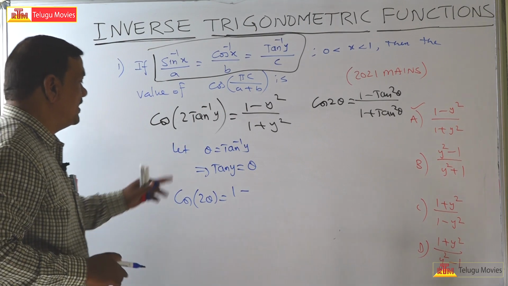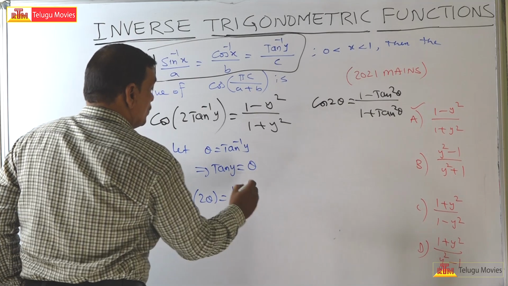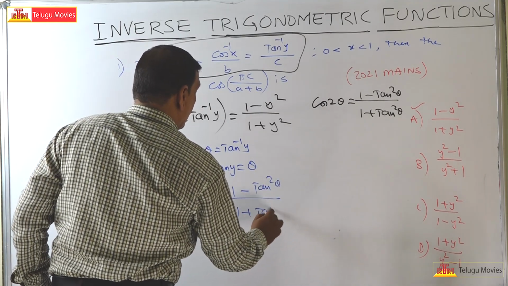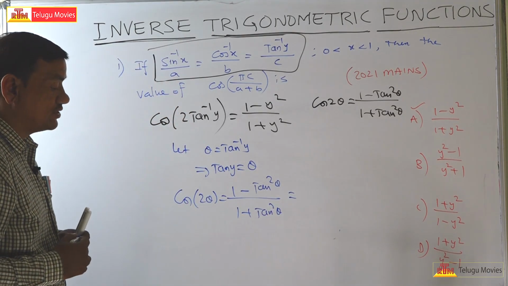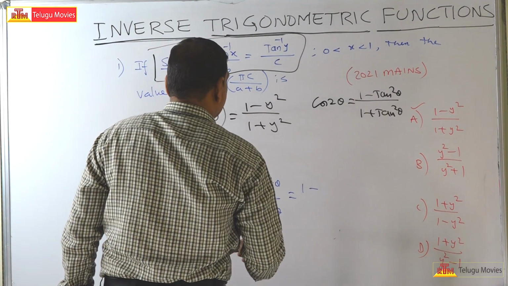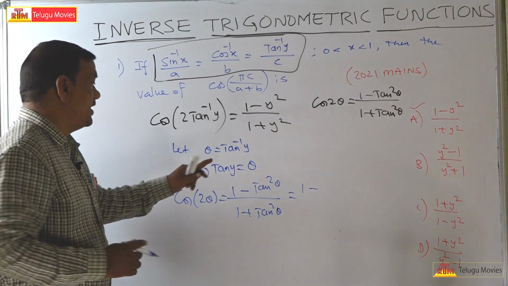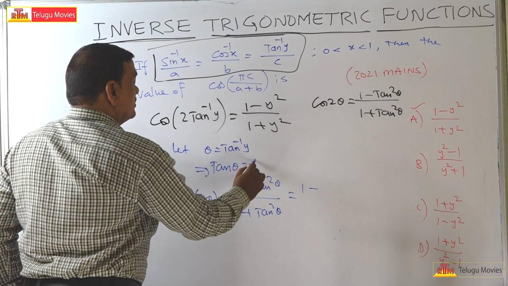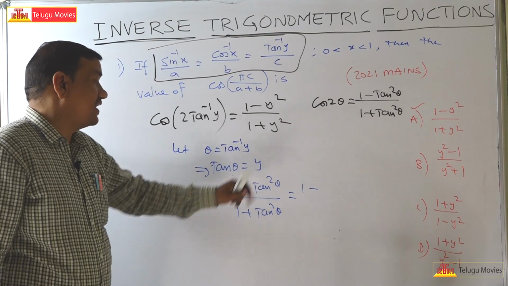Let us see here. Let theta be equal to tan inverse of y. Therefore, cos 2 theta is equal to 1 minus tan square theta by 1 plus tan square theta. Since theta is equal to tan inverse of y, tan theta is equal to y.